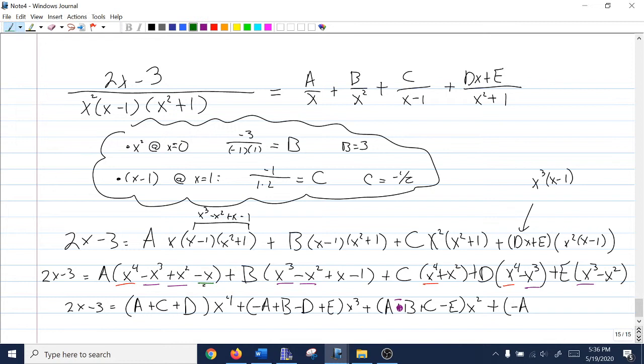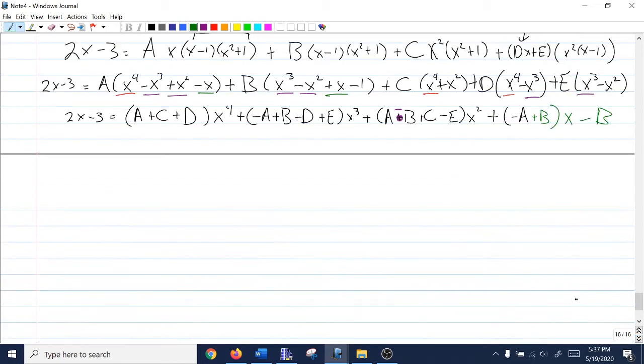Minus Ax plus Bx. No x, no x, no x. That's all the x's. Plus, what's my constant term? Oh, there's only one constant term. It's minus B. Huh. Oh, man. This whole B equals 3 comes out immediately because that's the only one with a constant term. That's not that valuable.